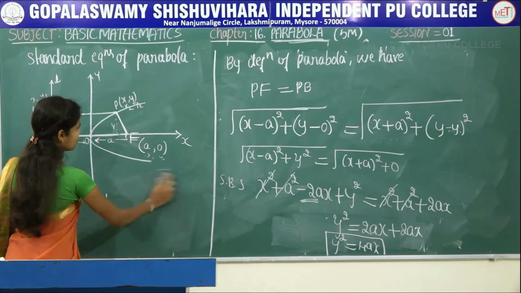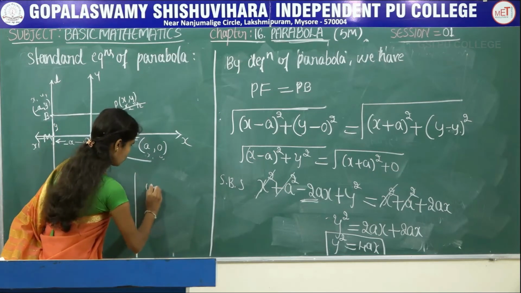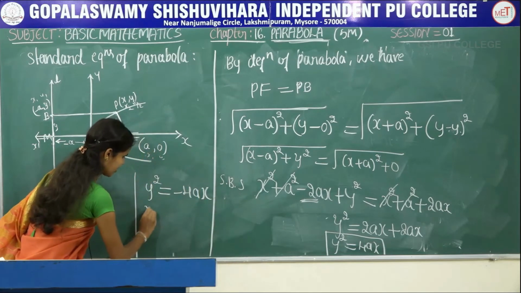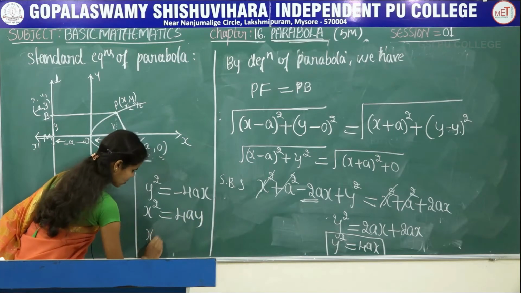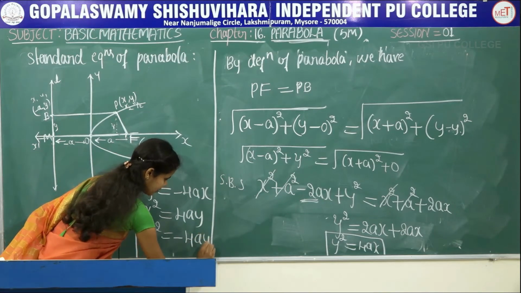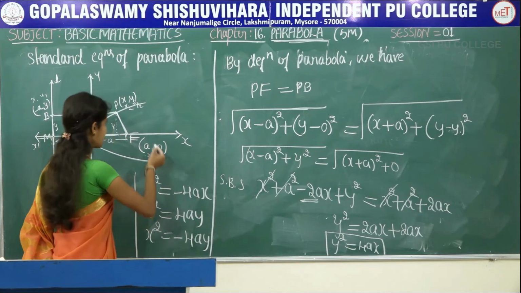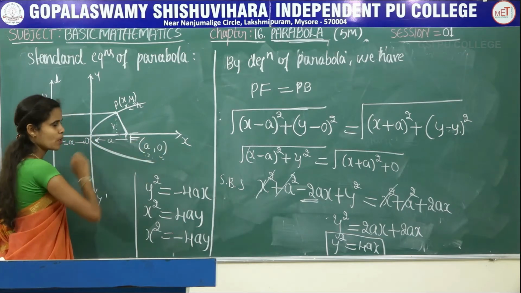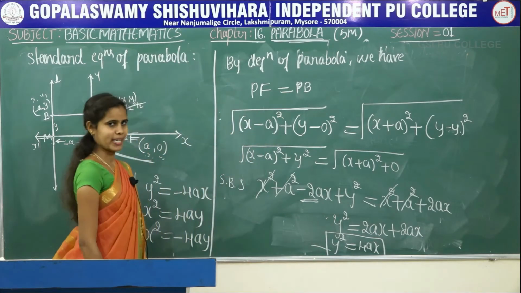Similarly, we can derive the equation of the parabola in the form y square is equal to minus 4ax, or x square is equal to 4ay, or x square is equal to minus 4ay. So these are the standard equations of the parabola. Here observe, if the parabola is symmetric with respect to the positive x-axis, then the equation of the parabola is y square is equal to 4ax.